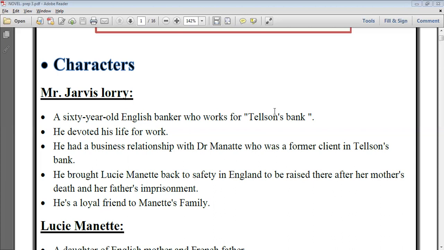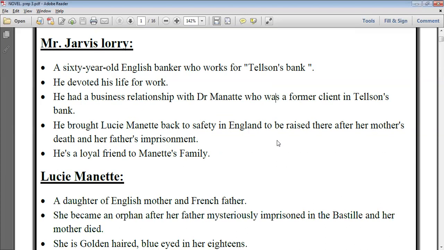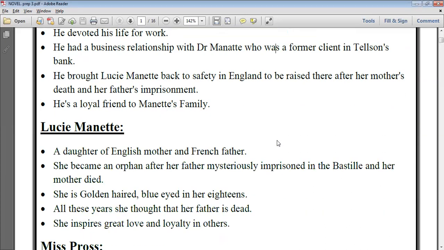Let's move to introduce Lucie Manet. Lucie Manet, a daughter of an English mother and a French father. So she is half French and half British.